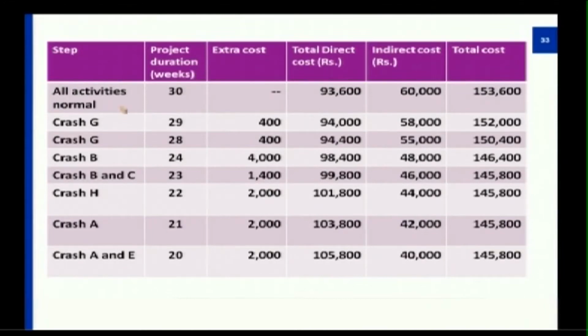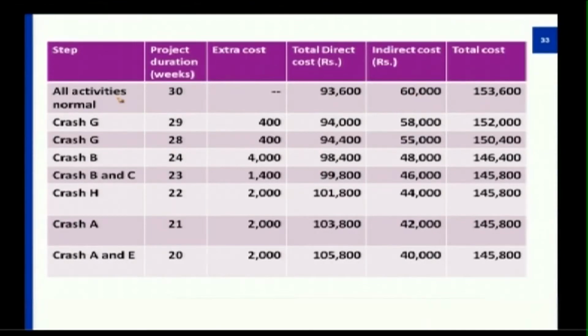When we look at the overall table for this particular project, with all the activities, I have defined this step by step in terms of the various crashes that have happened, the project duration, how much it has been reduced, the total extra cost required for decreasing one specific activity, the total direct cost that increased, the total indirect cost that decreased, and the total cost, which is the sum of direct cost and indirect cost.